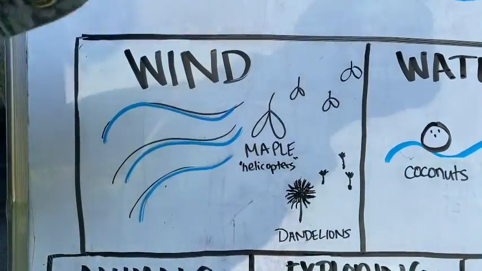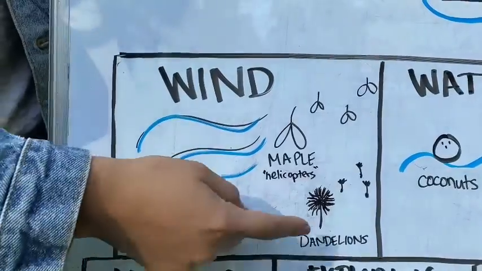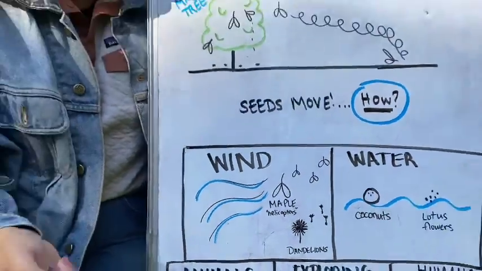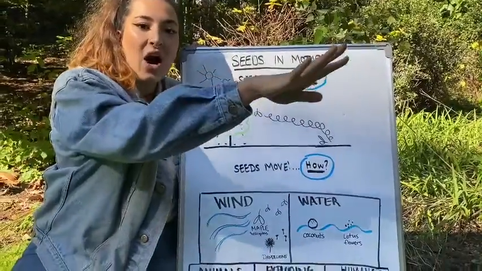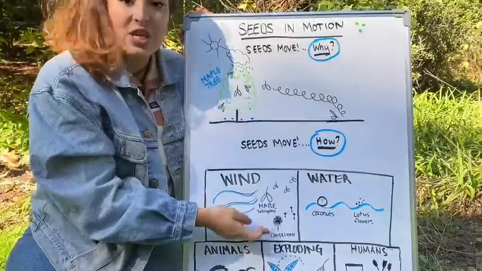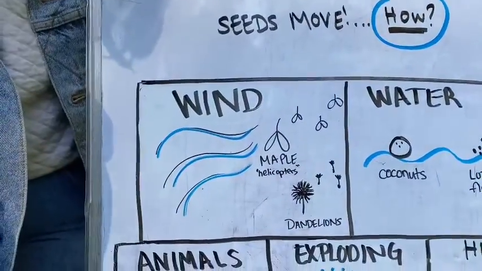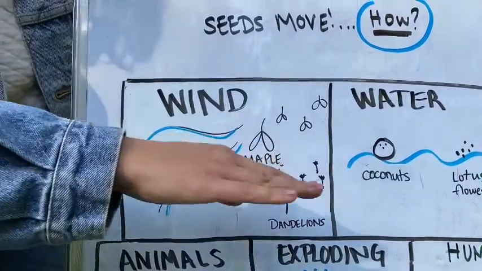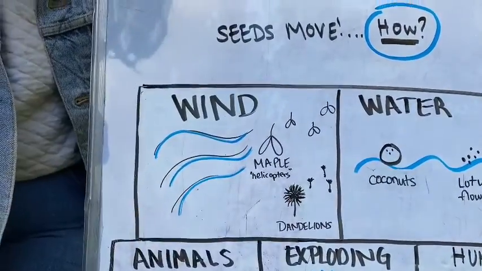They helicopter around. Also, dandelion. Have you ever taken a dandelion and blown the seeds off of that little plant? That is you utilizing the wind to spread those dandelion seeds. They're light and fluffy, so they catch just enough wind to float far away from their original parent plant.